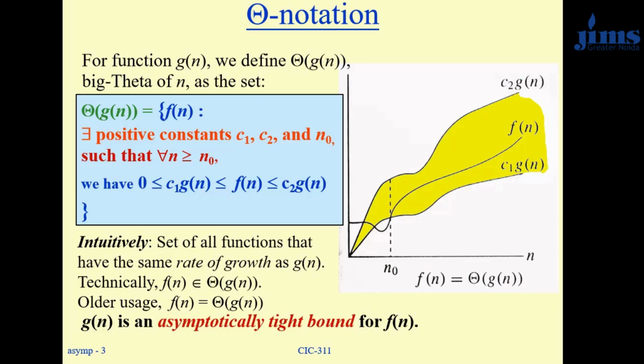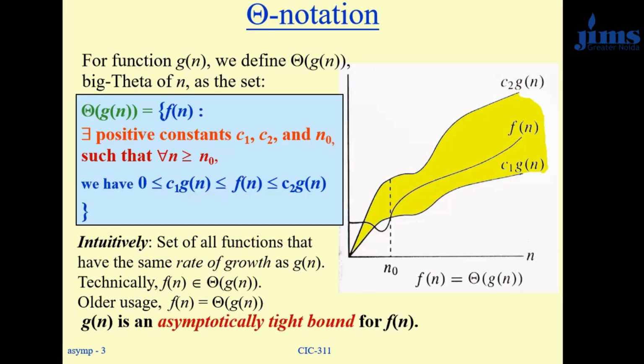So c1 g(n) is acting as the lower bound of f(n) because f(n) cannot get less than that, and similarly c2 g(n) is acting as the upper bound of f(n) because f(n) cannot get greater than that. So f(n) has been bound from both the upper end as well as the lower end in theta notation. That is why theta notation is also known as tight bound. So if f(n) is theta of g(n), then g(n) is the tight bound of f(n).